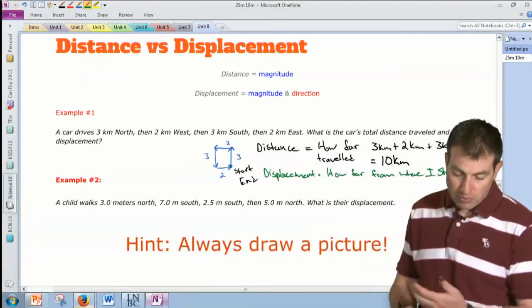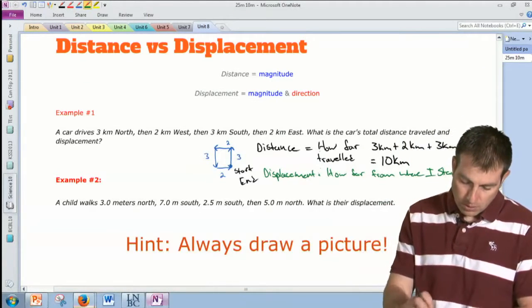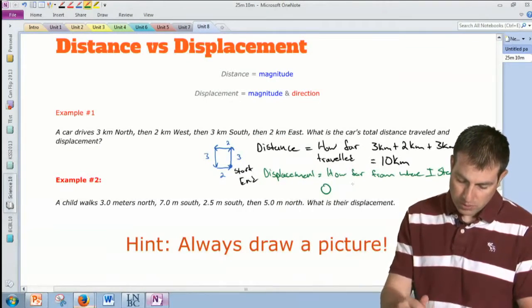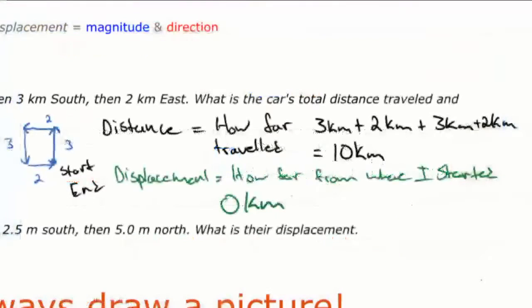So how far am I from where I started? If I start and end at the same spot, I guess kilometers is the units we were using. So the displacement in this question is 0. My distance was 10, but my displacement was 0 because I started and ended at the same spot.